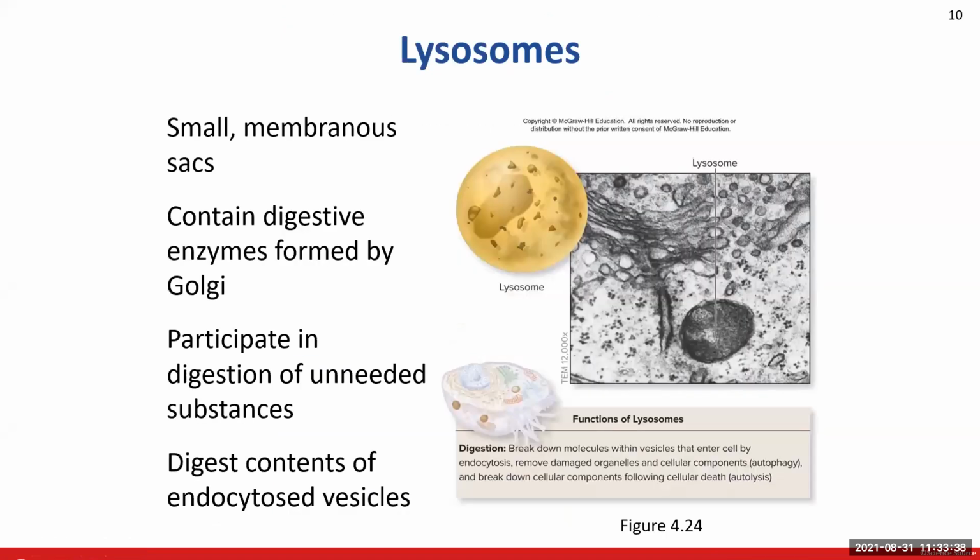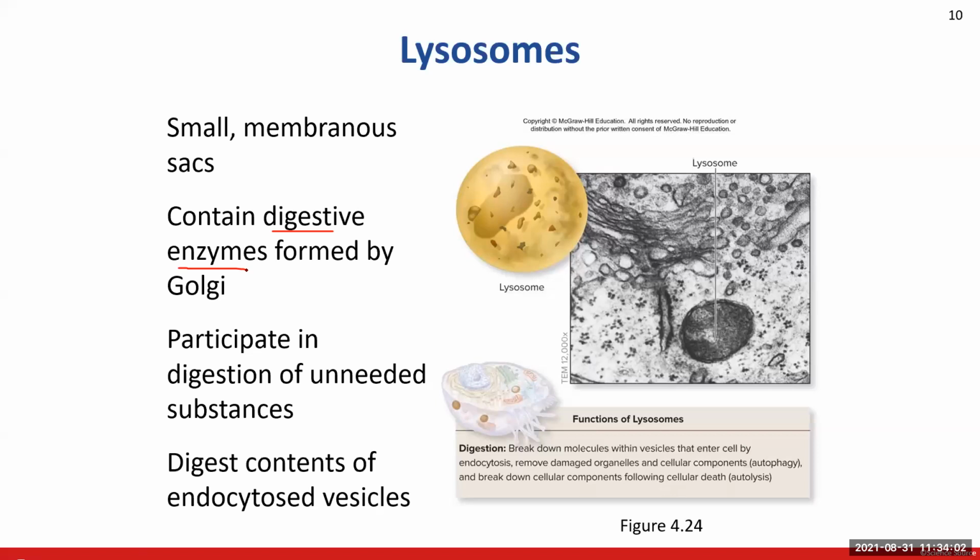All right, so let's talk about some of these little bubbles that are floating around inside the cytoplasm, the lysosomes. These guys are cool, and it's really important that you understand what they do. It's real simple. They contain the digestive enzymes that they just received from the Golgi apparatus, and they just float around the cell.